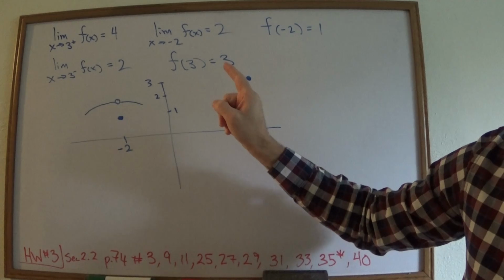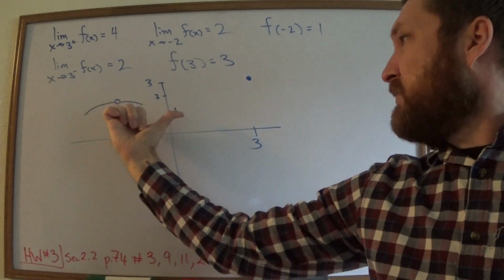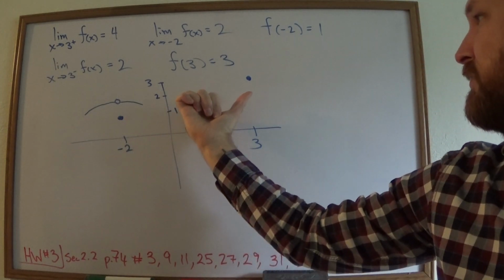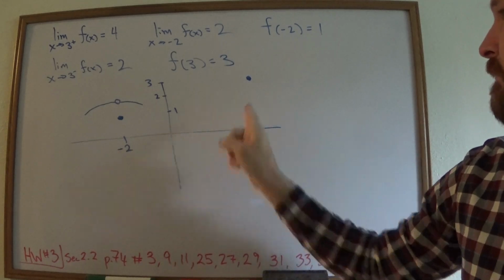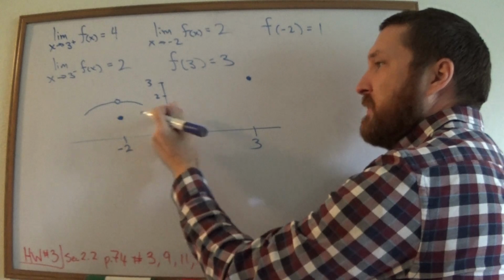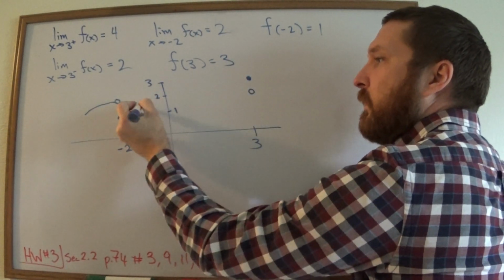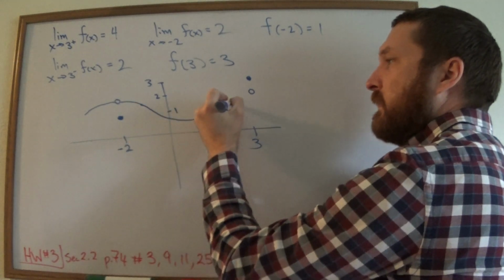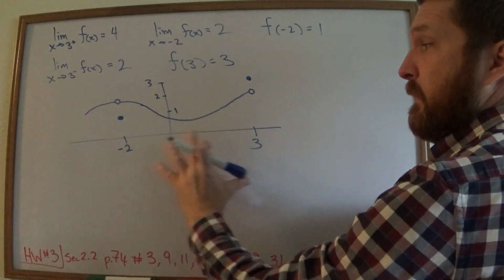Okay. The other thing that happens is as we approach 3 from the left, so as we come this way, this guy also goes to 2. Maybe it dips down and comes back up, but as we go to 3, it goes to 2, so we have another hole. So maybe it does something like this. Again, no information was given about what happens here.